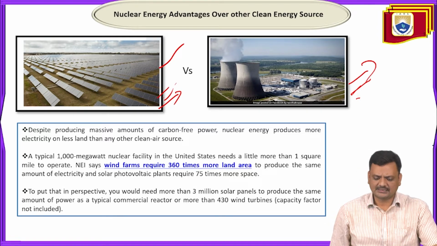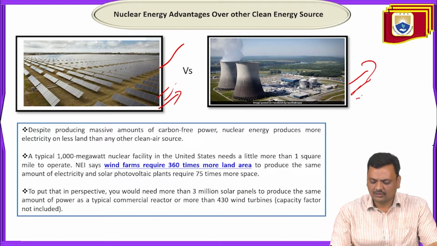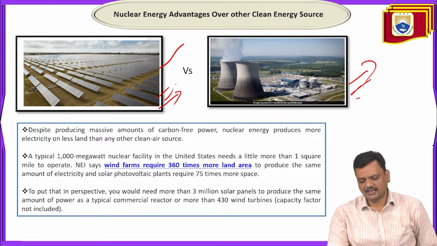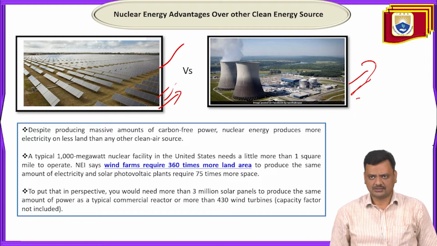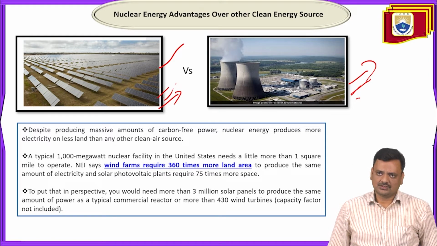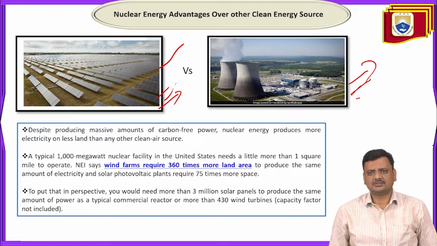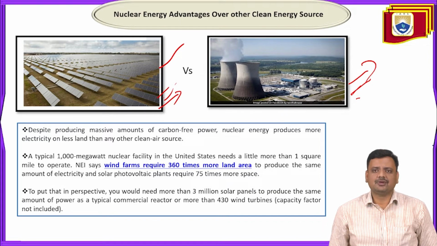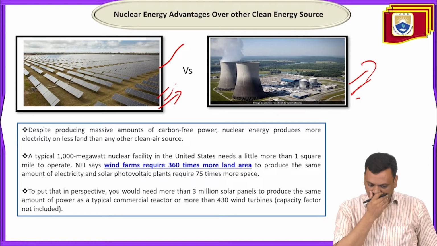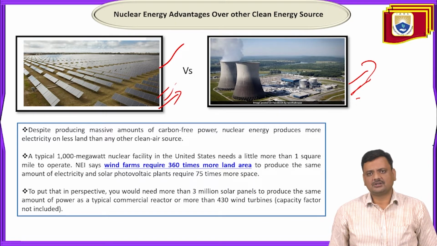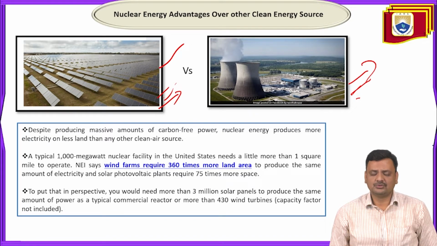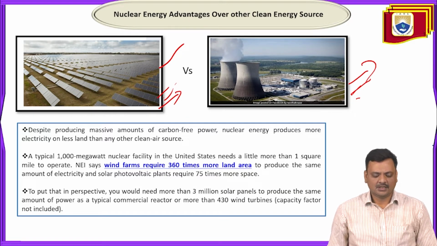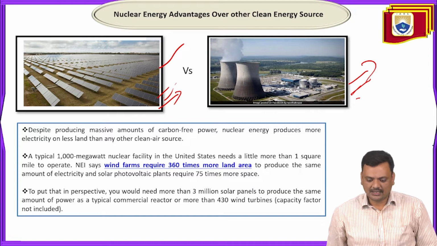So overall we can say that a nuclear power plant requires less land in comparison to other clean energy sources. Other clean energy sources means solar power plants or wind power plants. In the case of wind turbines, we also require a huge area of land for putting the wind turbines. So this is the one advantage.